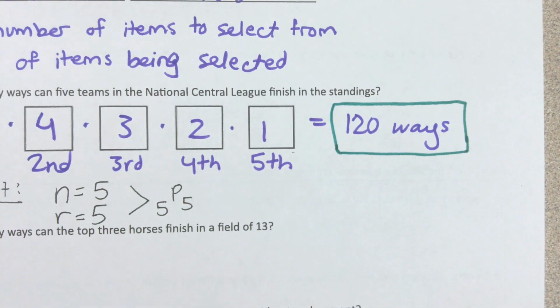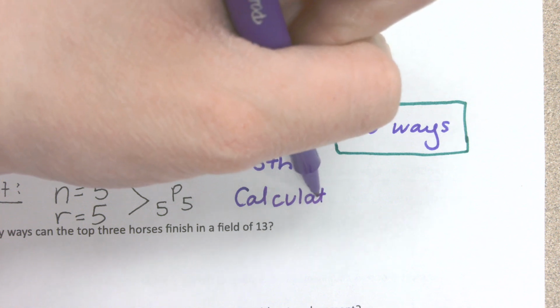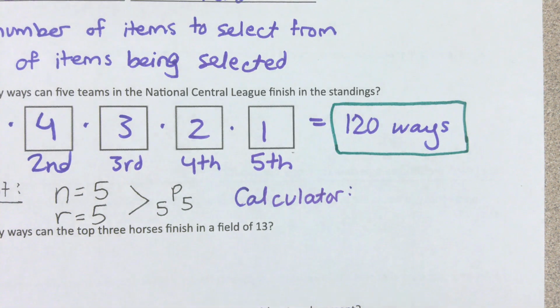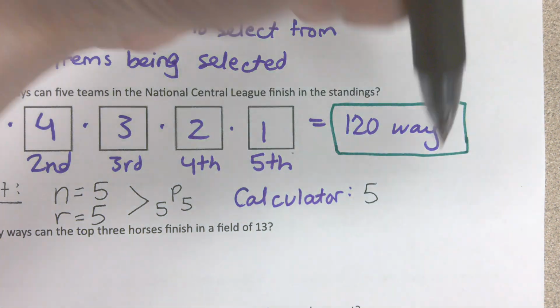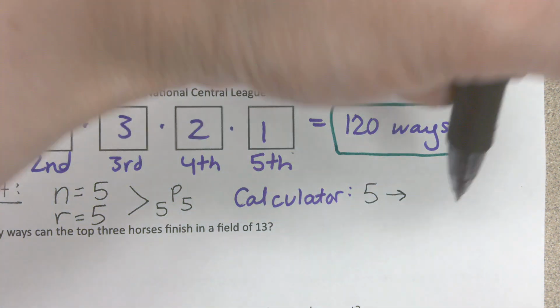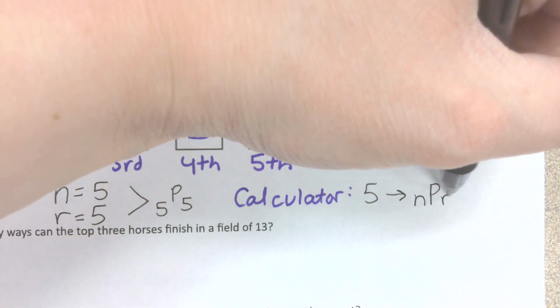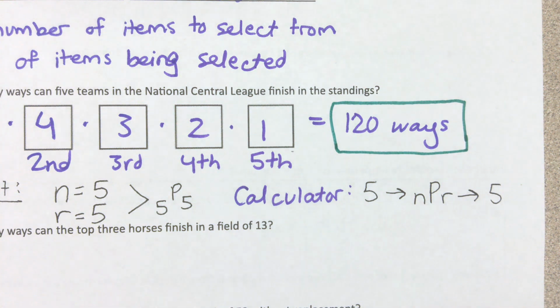And I'm going to show you how to do this in the calculator. First, let me write down the order that you're going to press things in. For this specific problem, you're going to do 5 first. When I show you where this is in the calculator, you're going to look for nPr, and then the next number, which is a 5.